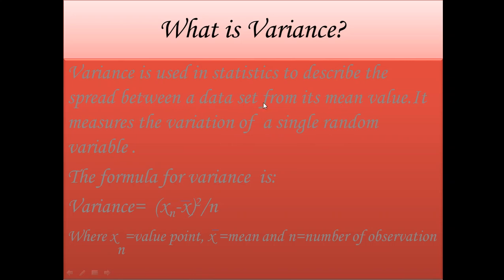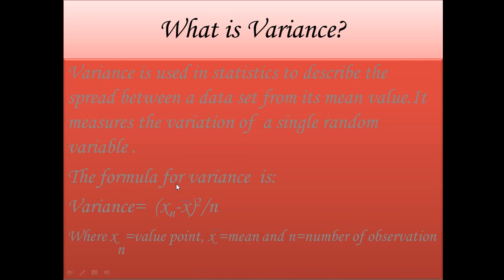Data set here means the array. So whatever array is provided to you, all elements of the array will be subtracted from its mean value. Clear? In that way we will be calculating the variance.